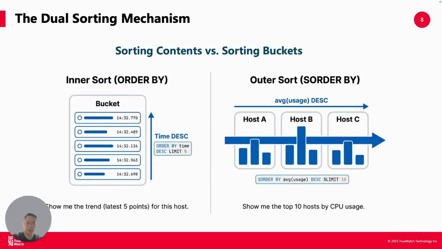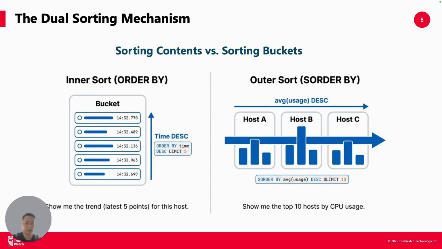And next is about the two kinds of sorting in DQL. The first is the inner sort, which is order by. It sorts items inside one bucket, like points inside one host. For example, we order by time descending limit 5, which means show the latest 5 points of this host. This is helpful when you want to show trends or the most recent data.